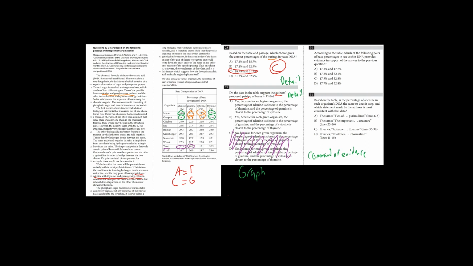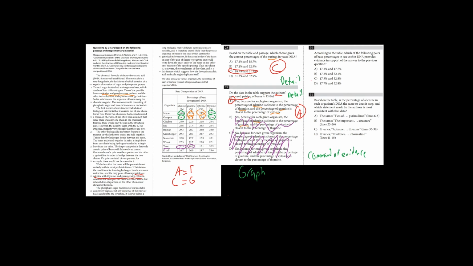So C and D are off the table. Let's read A and B to find the difference. A is saying adenine with thymine and guanine with cytosine, which is correct, but this one is saying adenine with guanine, which is not what the author said or what the data suggests. So go ahead and get rid of letter choice B, and so number 29 will be letter choice A.